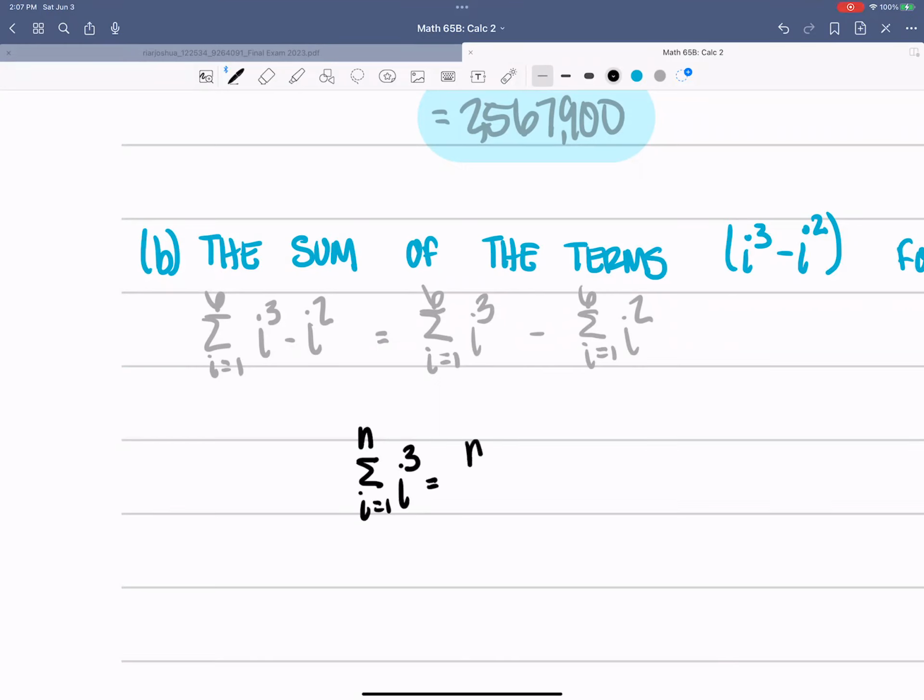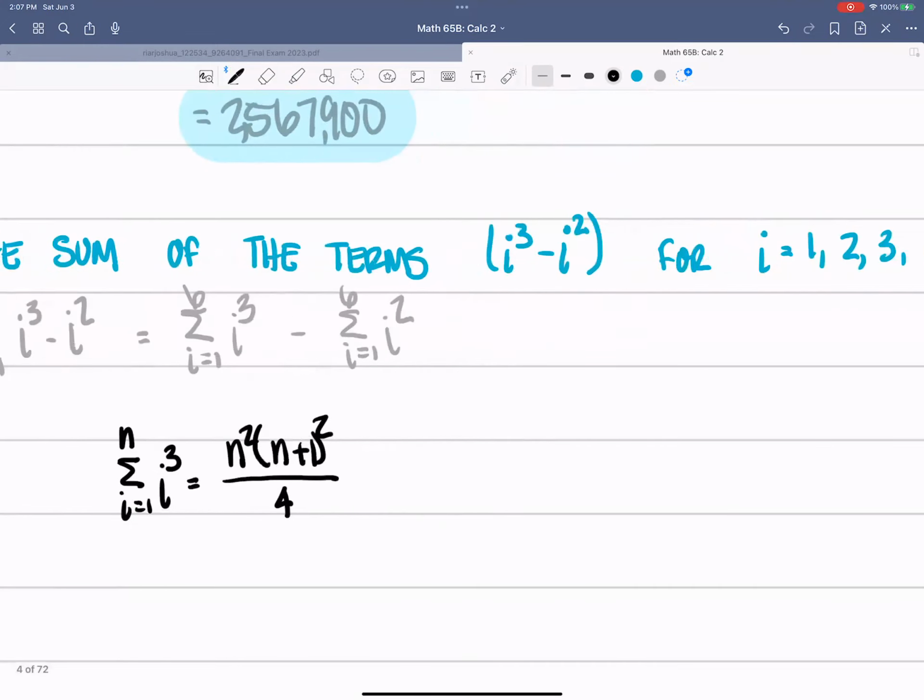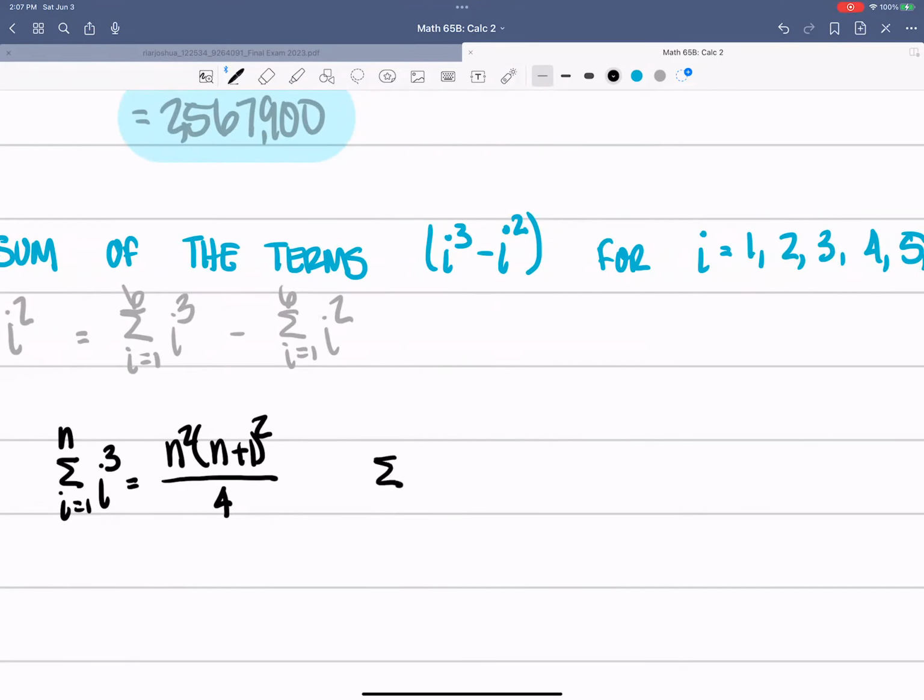That's equal to n squared, n plus 1 squared over 4. And for the i squareds, we remember that one from the last part. The sum of i going from 1 to n of i squared is n times n plus 1 times 2n plus 1, all divided by 6. So there's those two.